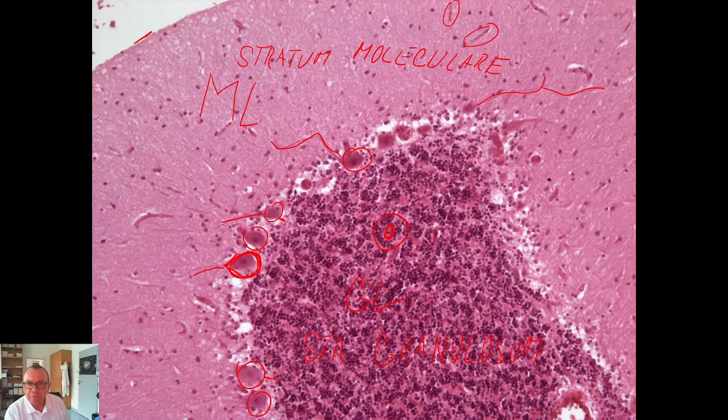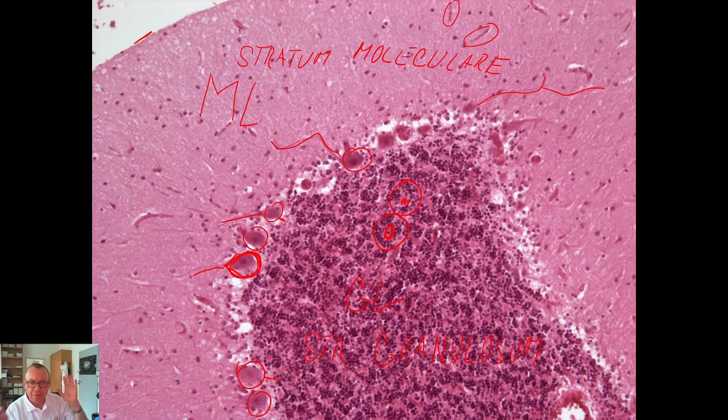Another cerebellar glomerulus is this, with the central field. Where can I see such a typical one? Here not, but it will be better in higher magnification.